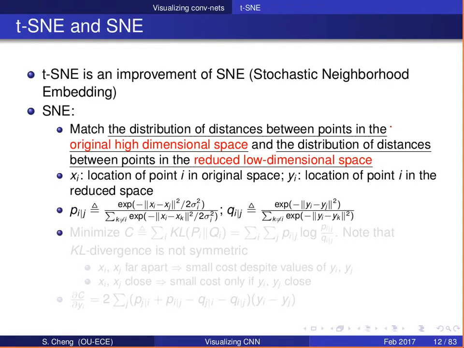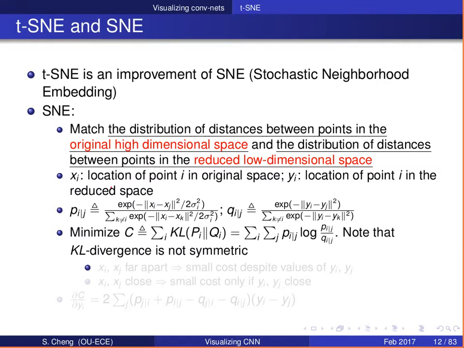So now let's say xi is the points in the high dimensional space and yi is the reduced space. Then the distribution they use is just a Gaussian distribution, in the original SNE. Then the whole idea is very simple.